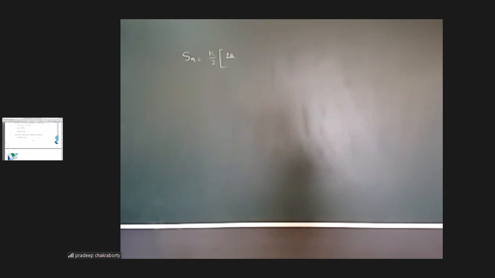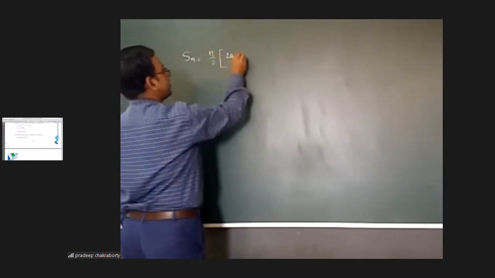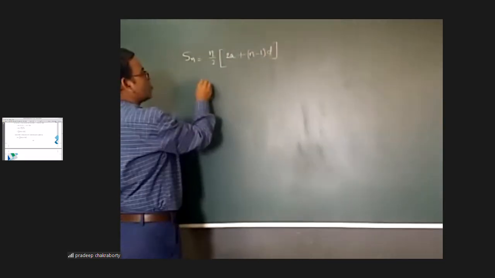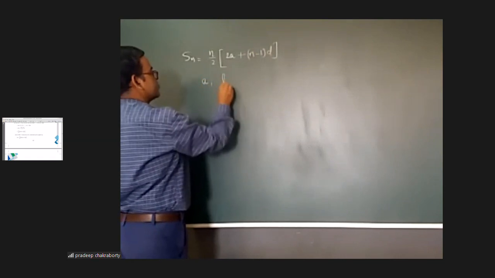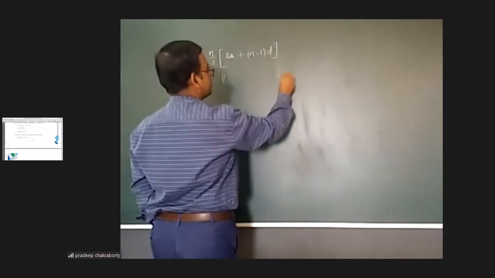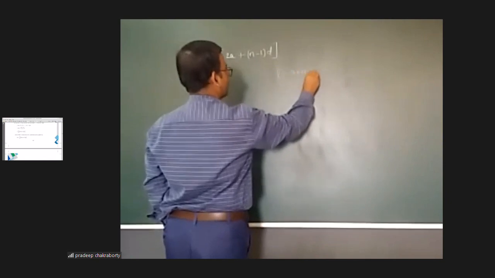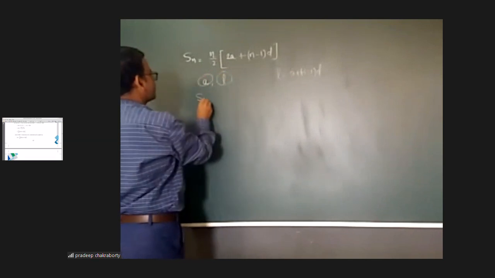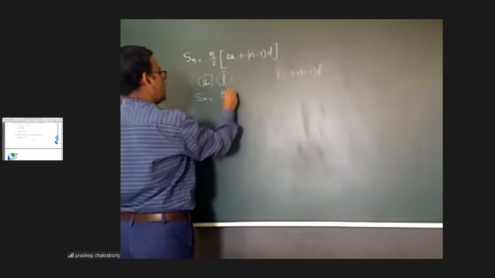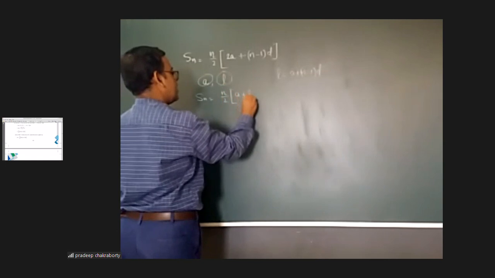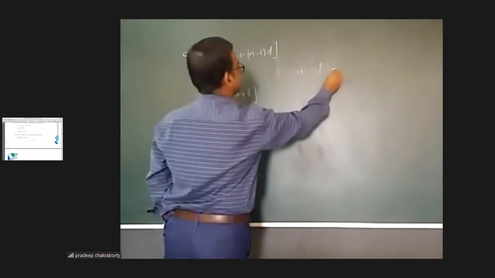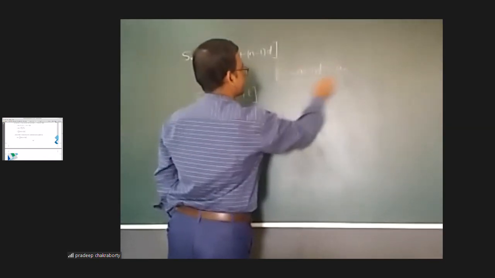Okay. So see, there is a formula Sn. Sn will be n upon 2 into 2a plus n minus 1 d. This is the formula for Sn. Also, if you know the first term and the last term, the last term is our nth term, that will be a plus n minus 1 d only. Then the sum of the n terms can be given as n upon 2 into a plus l.